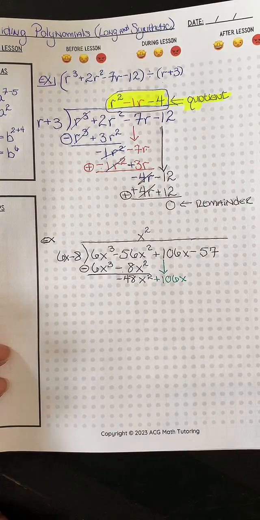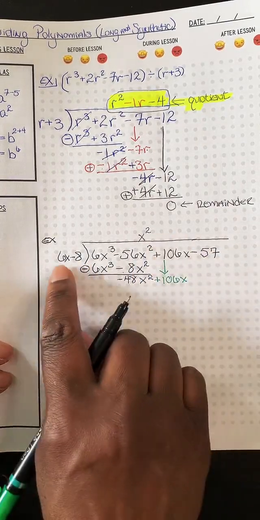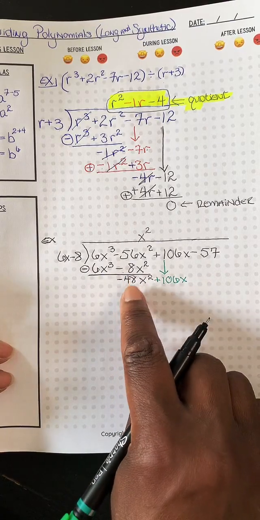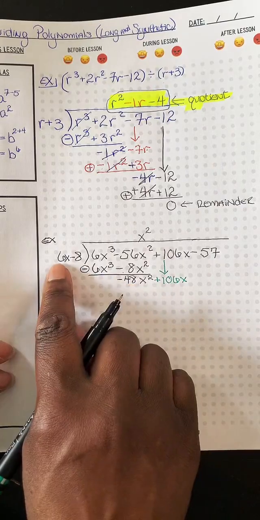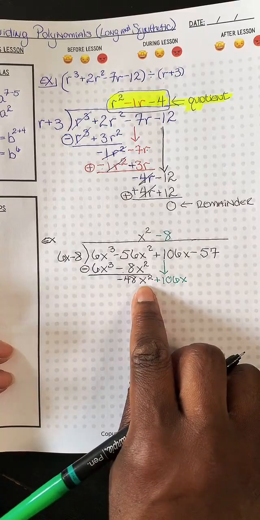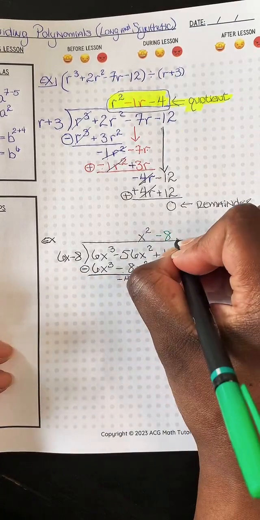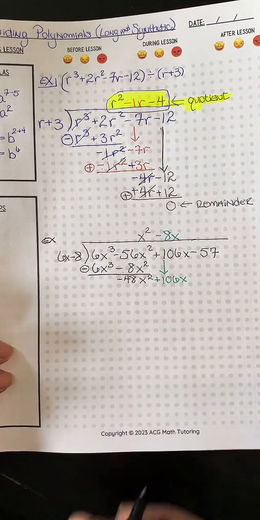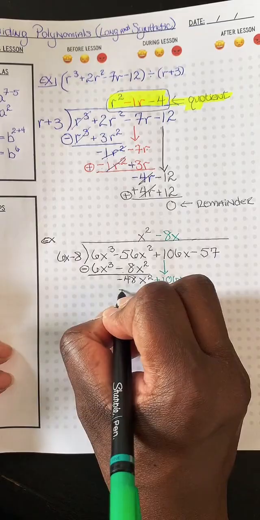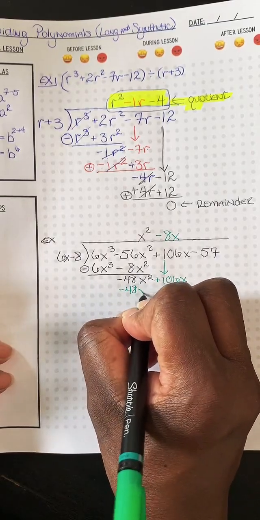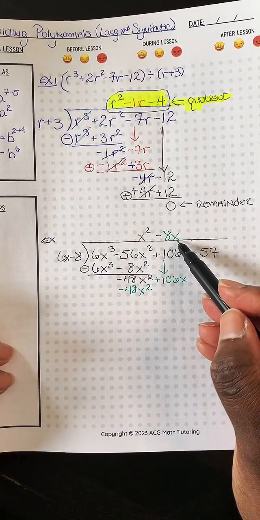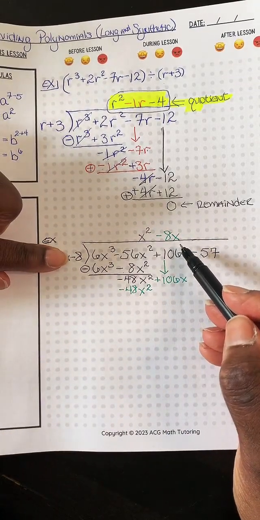Process starts all over again. So we can say what times 6x gives me negative 48x squared, or negative 48 divided by 6, that'll give me a negative 8. And x squared divided by x will give me x. So negative 8x times 6x gives me a negative 48x squared. That's not a shock. But then we're using that negative 8x times negative 8.